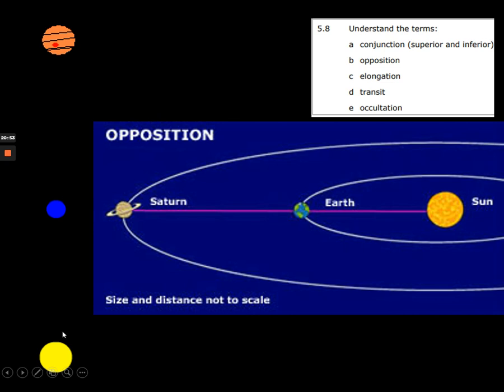But for opposition, you can see we've got the Earth in between the planet and the Sun, a complete opposite. So they're 180 degrees out there. So it refers to the Sun. The planet can be in conjunction with the Sun, if we're looking at both at a very similar time, or it can be in opposition to the Sun when it's on the opposite side to the Sun. Okay, and of course Mercury and Venus can never be in opposition. They just have two conjunctions.